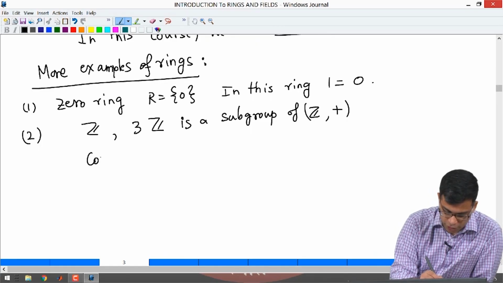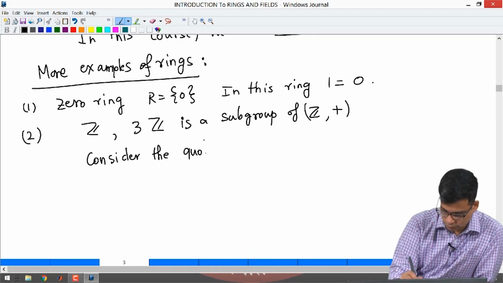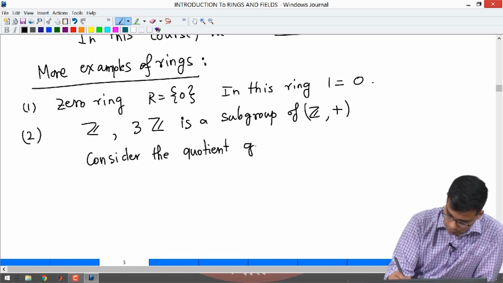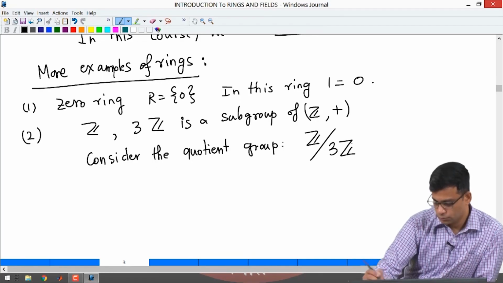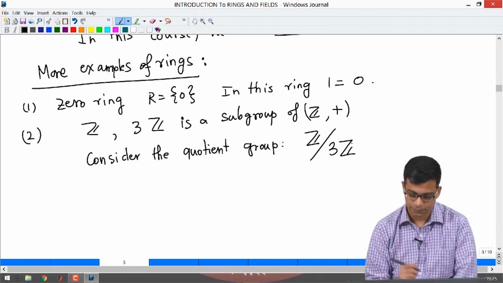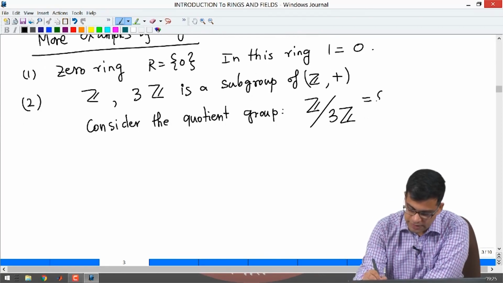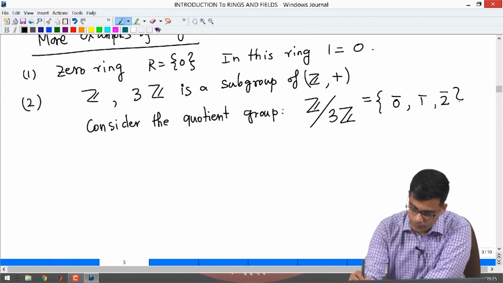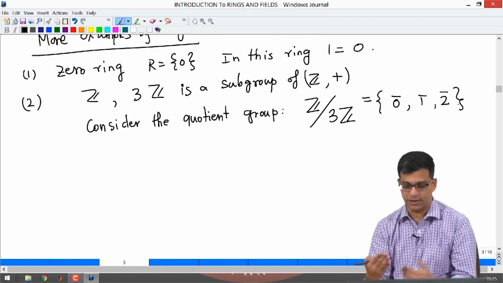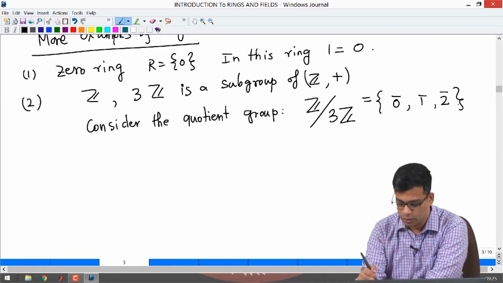So consider the quotient group Z mod 3Z. Remember from your group theory course, this has 3 elements. It is the set of cosets of 3Z in Z. There are 3 of them, denoted by 0 bar, 1 bar, 2 bar.